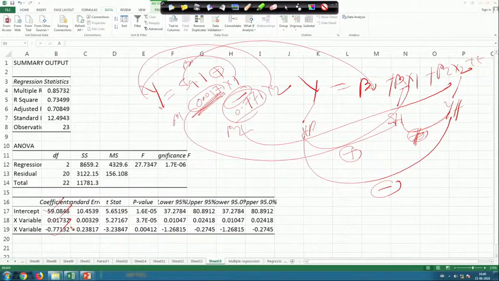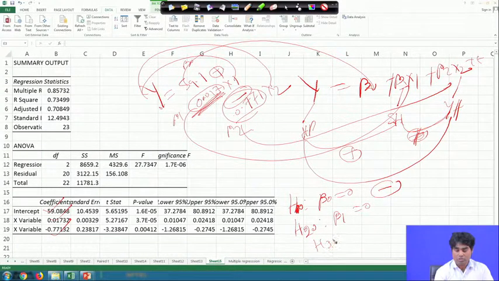But the only important thing with this particular result is to check the specification test, that is to check whether the parameters are statistically significant or not. So that means technically we have three hypotheses here. First null is beta 0 equal to 0, then second null H1 0 you can put, then H2 0 where beta 1 equal to 0, then H3 0 where beta 2 equal to 0.